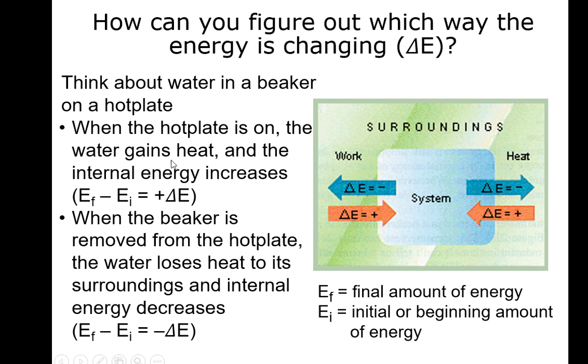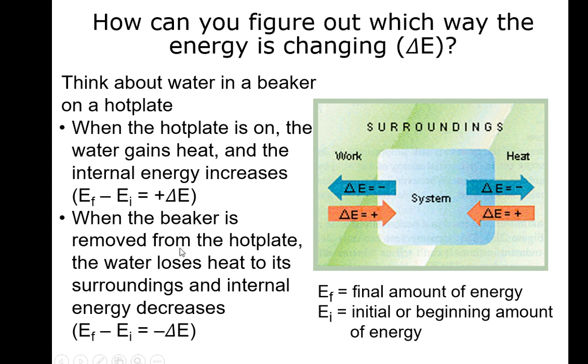In this case, if our system is absorbing energy, that means we have more energy ending than we do beginning. So we take our ending energy minus the beginning energy, and we're going to end up with a positive number. So big number minus small number means it's going to be a number that's greater than 0. That means it's going to be positive.